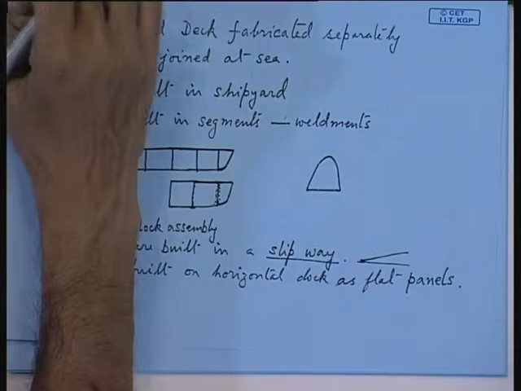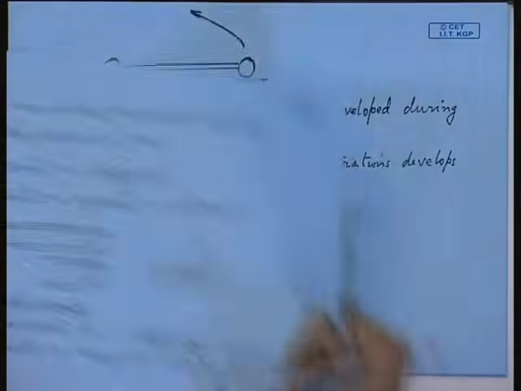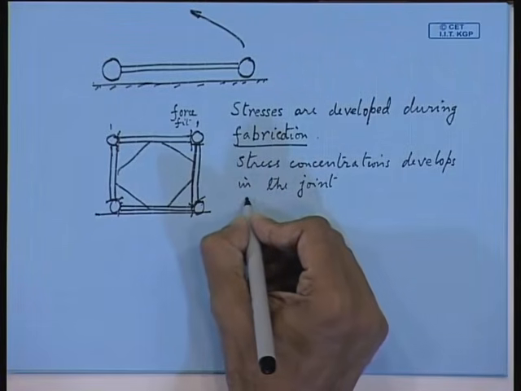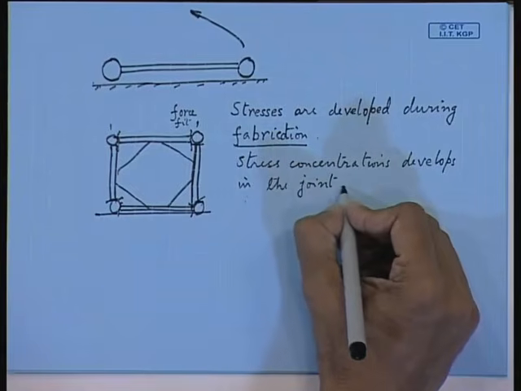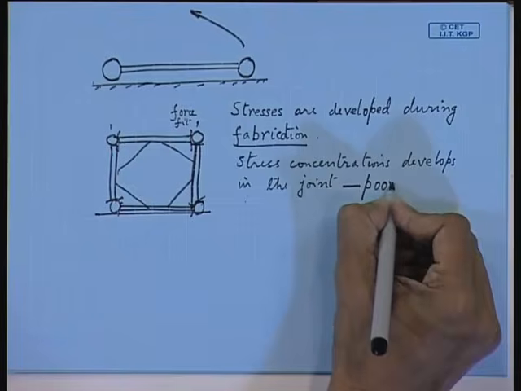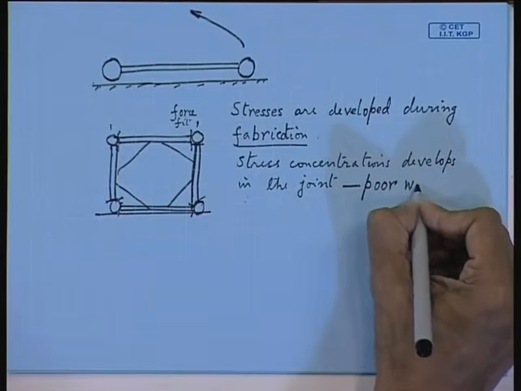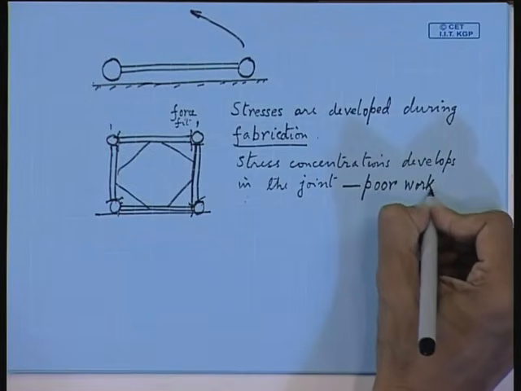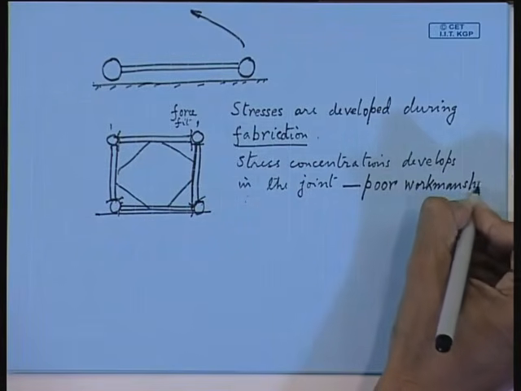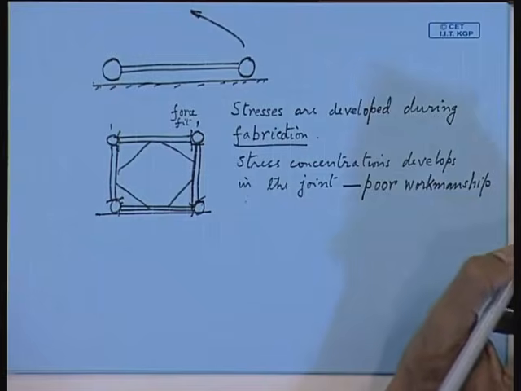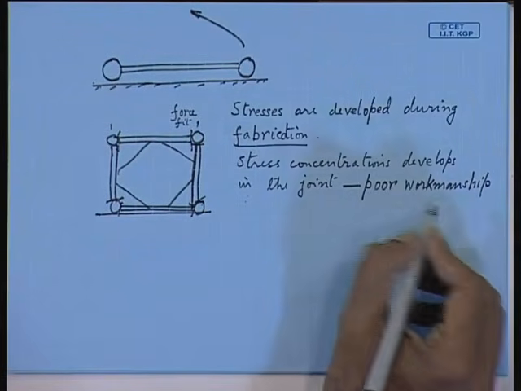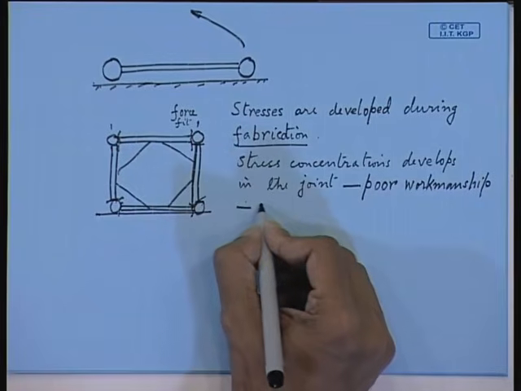So, this aspect in shipbuilding is called workmanship, or sometimes this is a result of what is called poor workmanship. So, it is a very important part in shipbuilding. The workmanship tells you a lot about the quality of weld also.